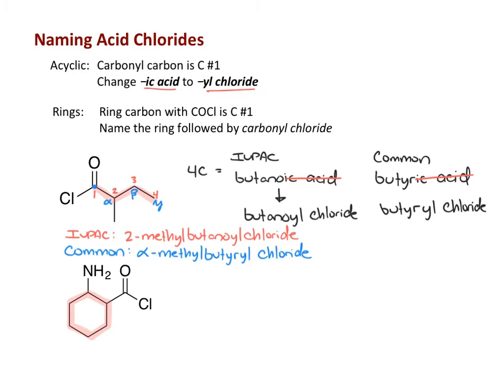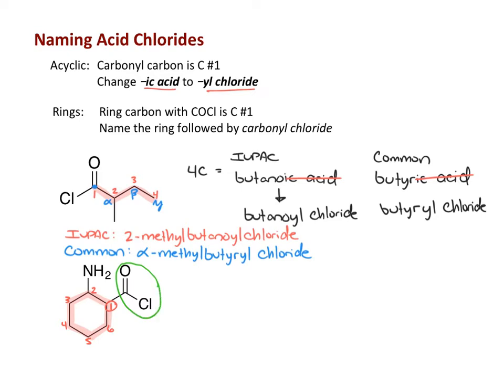We're going to name the ring, and the carbon where the acid chloride is attached, that's carbon 1. And then number around your ring to give the lowest substituent numbering. So we can't just change the ending, because the acid chloride carbon isn't actually embedded as part of the parent. What it is instead is attached to the parent.